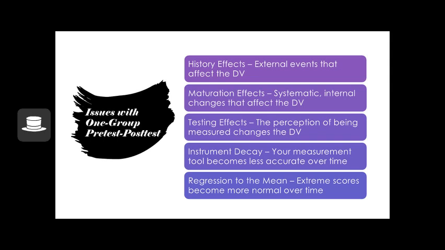So at the beginning of the study, you're smoking 10 cigarettes a day, and you're like, I really wish I were smoking less. So day by day, you start smoking fewer and fewer, not because of the program, but because you personally have changed internally, right? So when there are internal changes, that's the maturation effect.